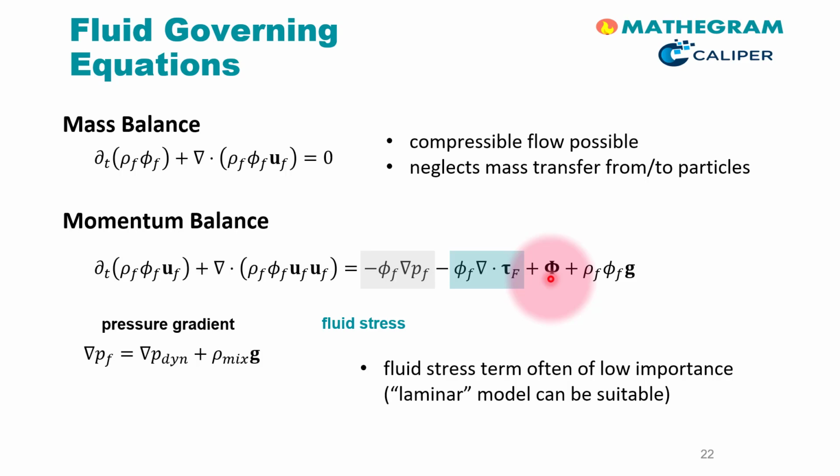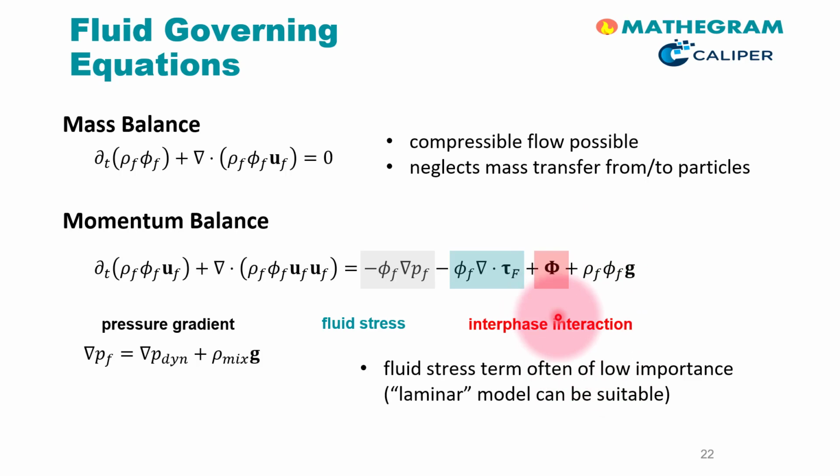Thus, you will often see a laminar fluid stress model, and this should not surprise you. It simply means that using a more detailed turbulence model would not be worth the additional computational effort. The next term is very important and hence placed inside a red shaded box.